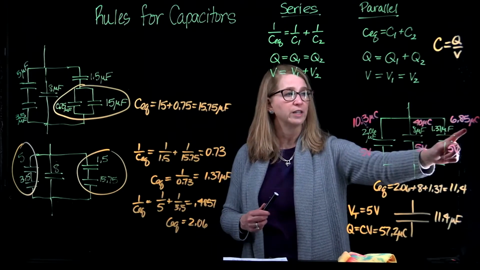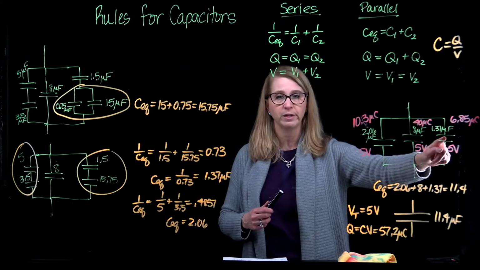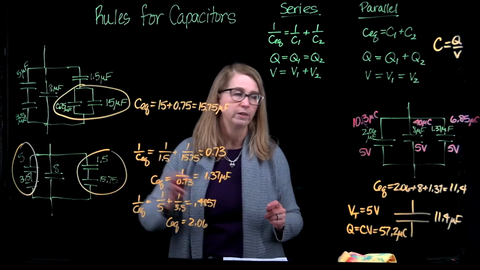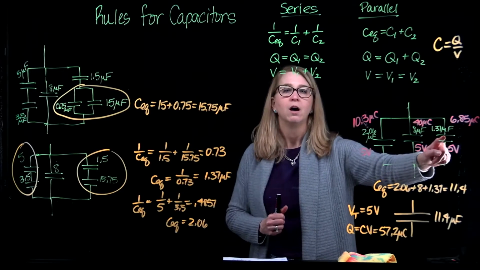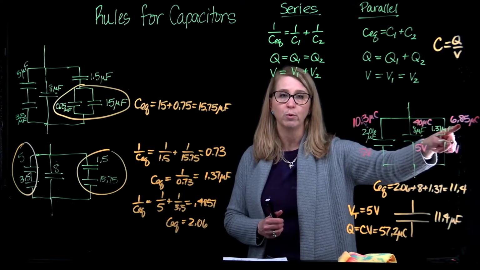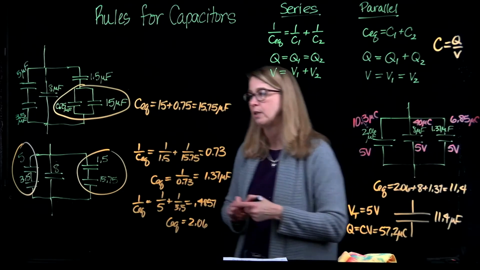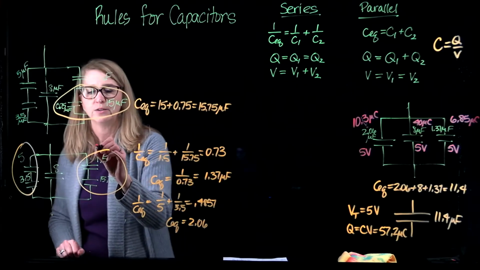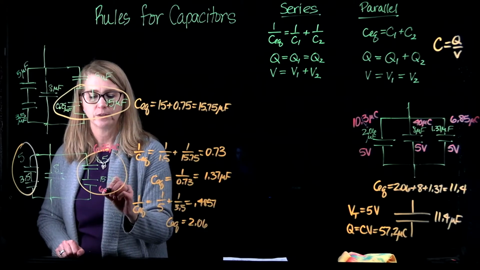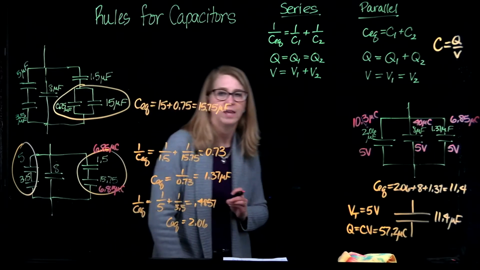So the charge on each of these replacement capacitors is the same as the charge that's on each one of these. So for instance, on the 1.37 microfarad capacitor, we have 6.85 microcoulombs. And so that is the charge on both of these capacitors. We know that they have that charge.